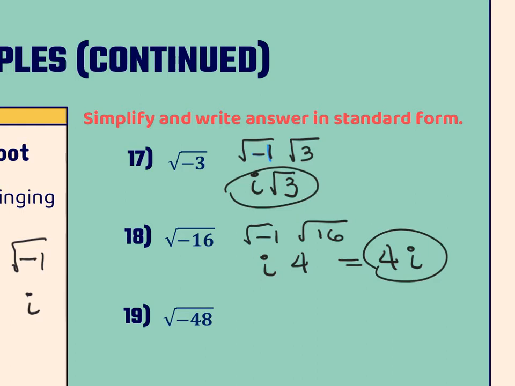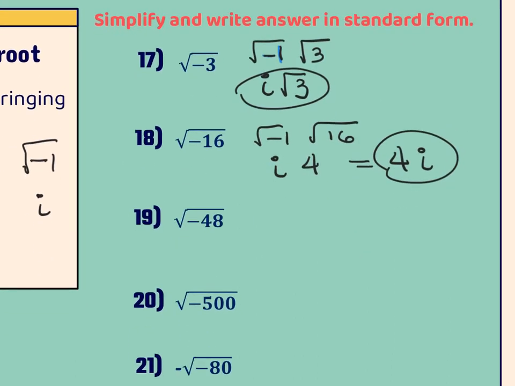For the negative 48, we're going to break it down, make it negative 1 times 48. You can simplify or square root the negative 1. 48 is not a perfect square, so I have to break it down. You can either choose 2 times 24, 3 times 16, 4 times 12, 6 times 8.